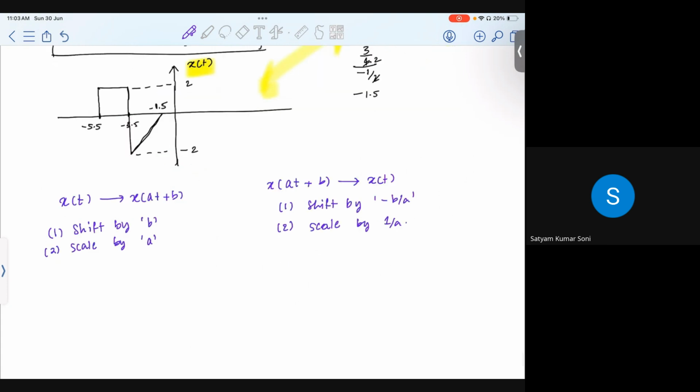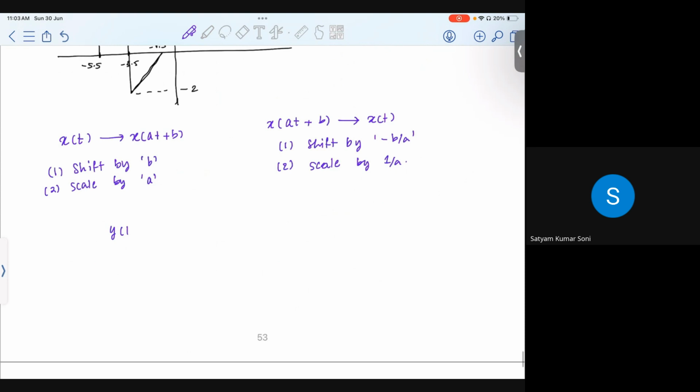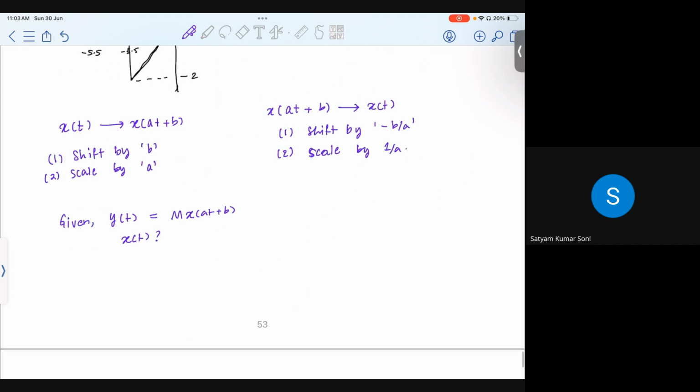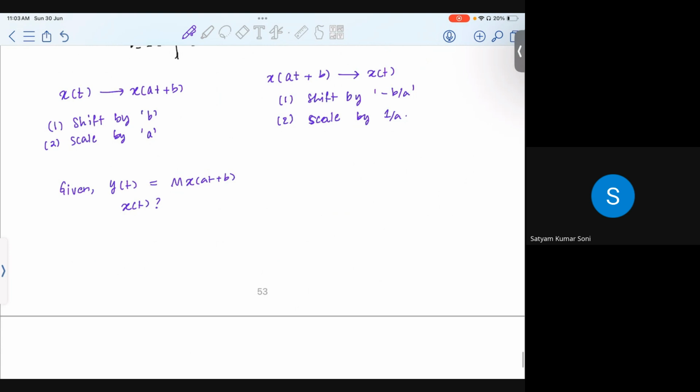So standard step, suppose you are given some signal y of t is equal to m times x of at plus b, and you are asked to find x of t. The way to do that is first try to represent this in standard form. x of at plus b is y of t by m.